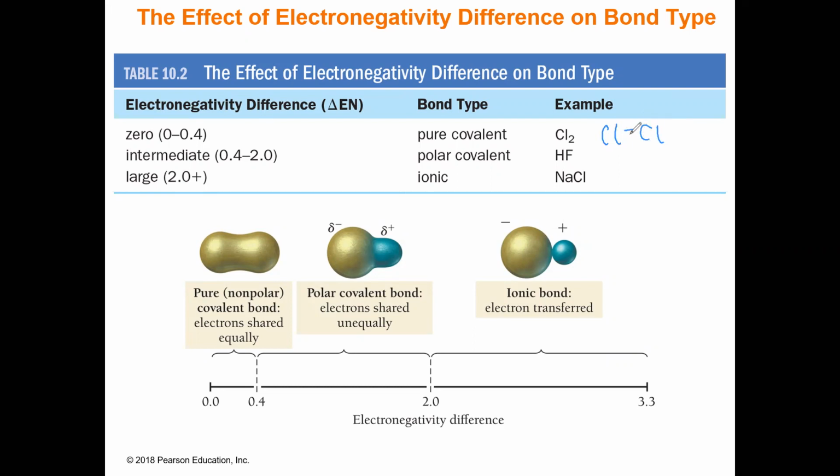So overall, the difference between both of these chlorines is 0. But this is a covalent bond because we're sharing the electrons.